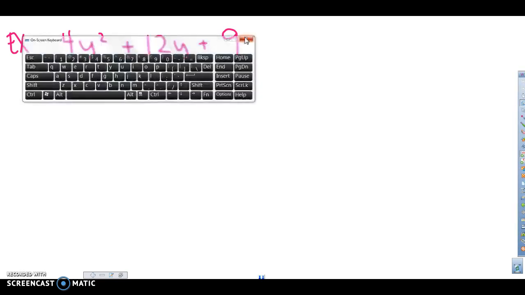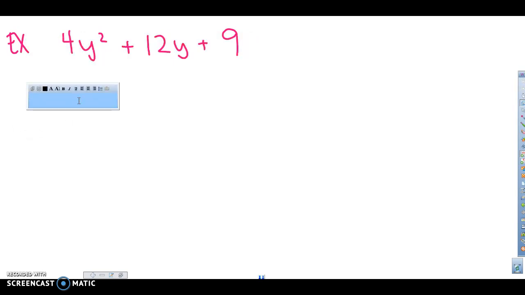The first question is: is the first term a perfect square? So that means I'm looking at that 4y squared. Is that a perfect square? Then I'm going to ask, is the last term a perfect square?